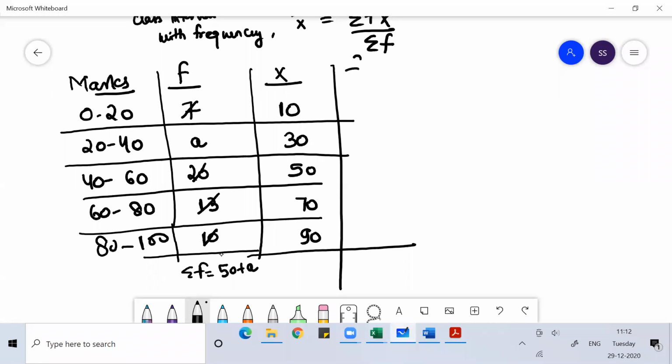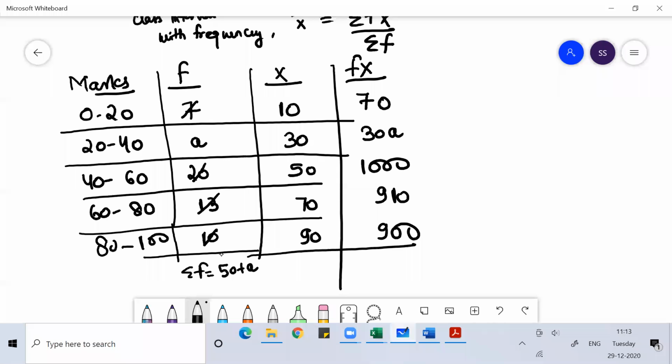Then you can multiply f into x, so you'll get 70, 30a, 1000, 910, and 900. Then you can determine the sum of fx: 1000 plus 900, 910 plus 900 is 1810.